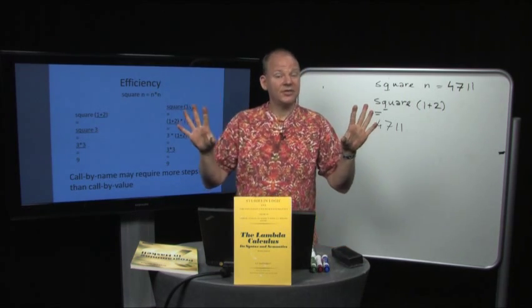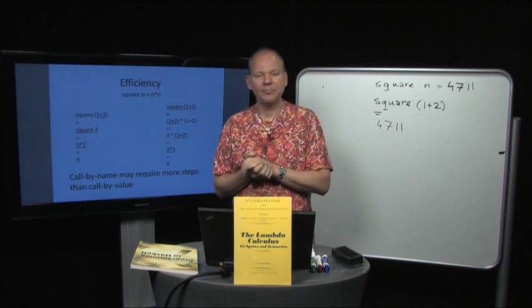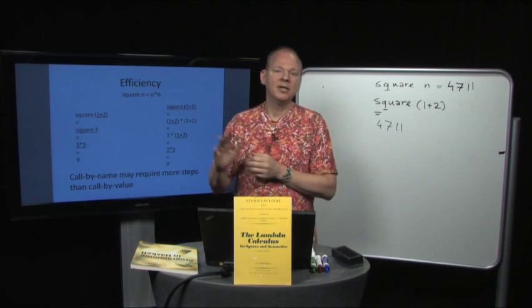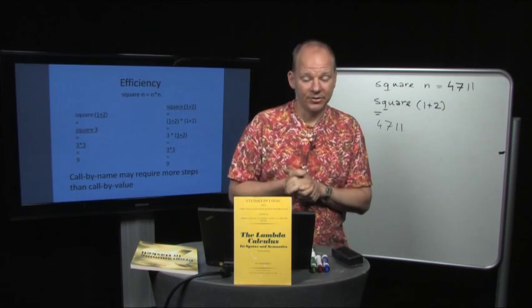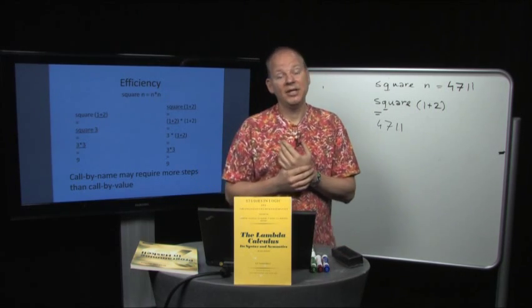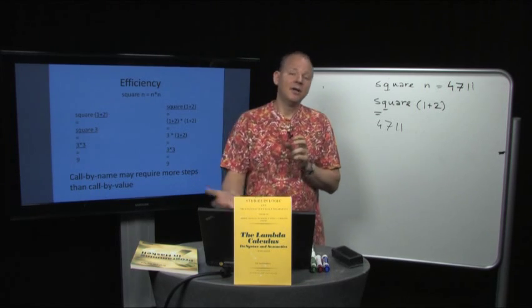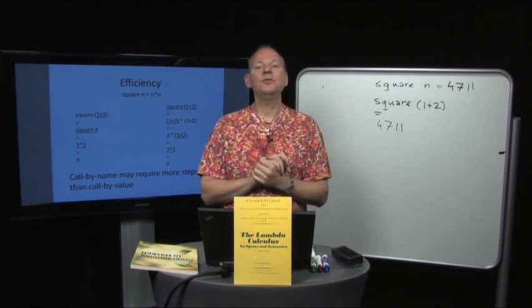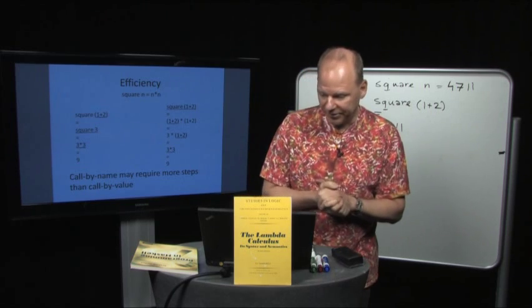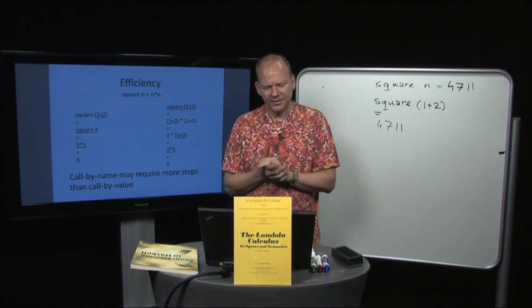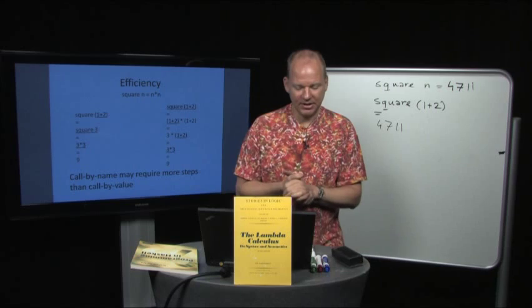So now the question is, can we combine the best of call by name with the best of call by value? And by the best, I mean that it terminates as often as call by name and that it uses as few steps as call by value. Now, what is the trick that we need to use?